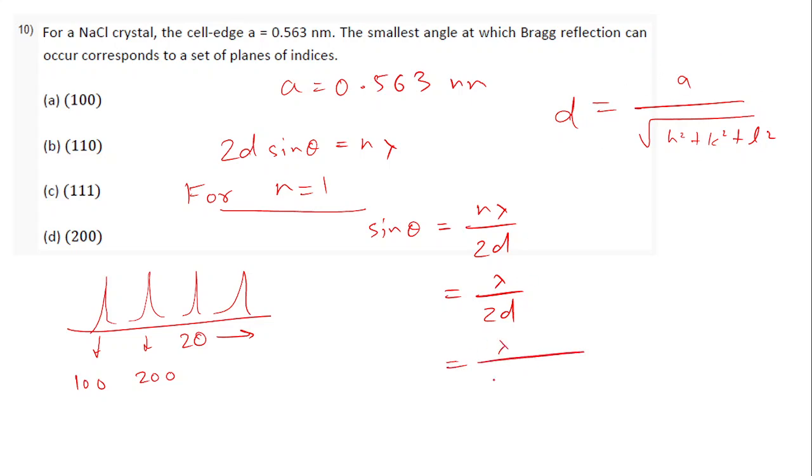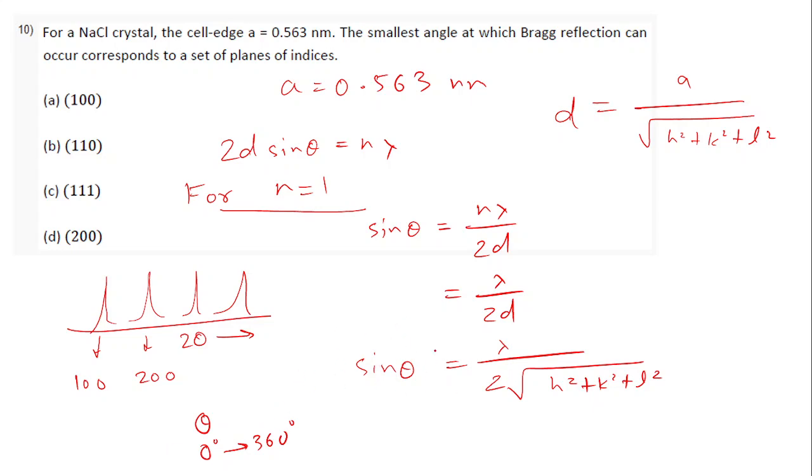Substituting that here, h square plus k square plus l square, this will give sine theta. Now we know that theta can go from 0 degree to 360 degree, or 0 to 2 pi, and sine 0 is 0; as the theta value increases, sine theta also increases.